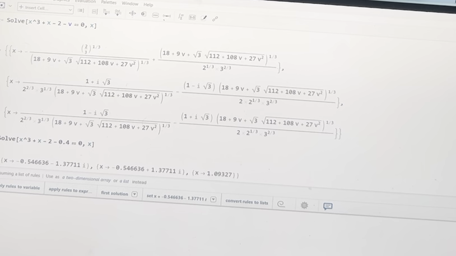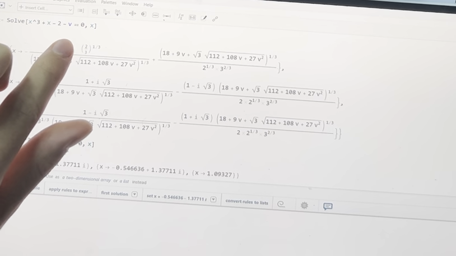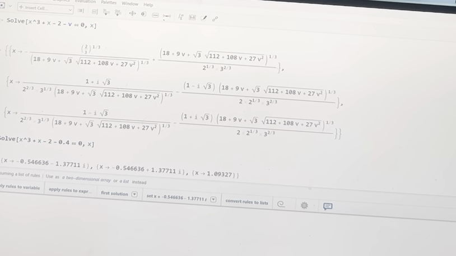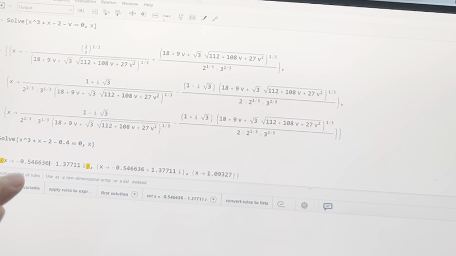And if we solve it for an epsilon of 0.4, that just means we have to take epsilon, which I wrote as v just because I couldn't type in epsilon on my computer, and plug it in here. Then we get these outputs.